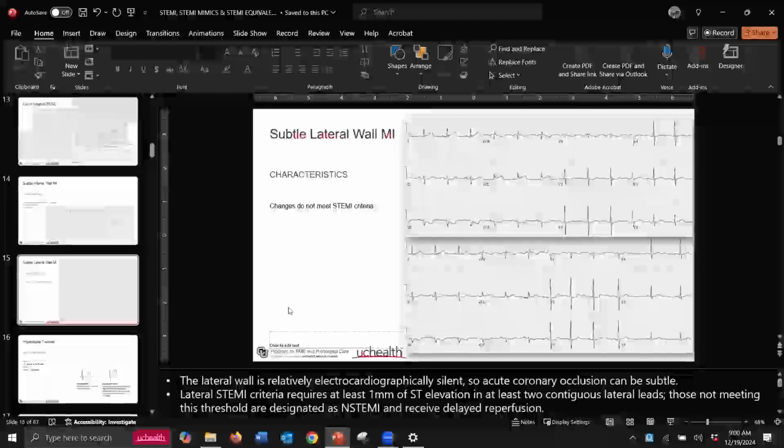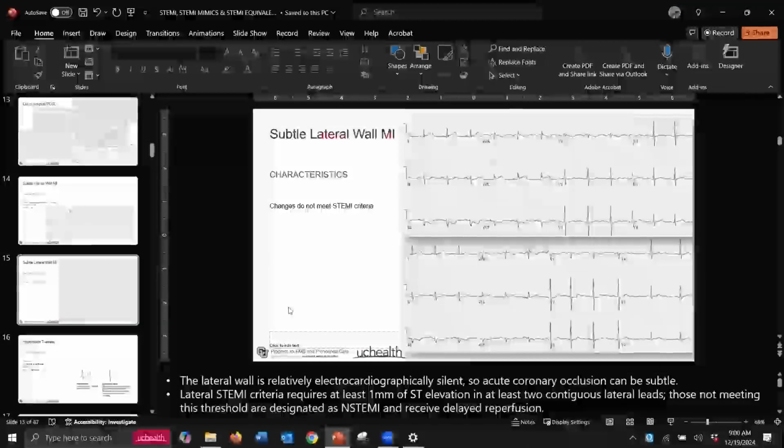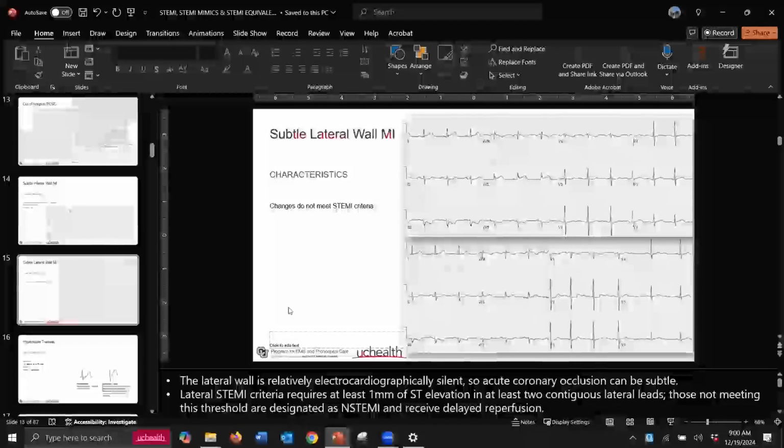Well, if we think about where that occlusion is, more specifically a high lateral, or that isolated lead 1 and AVL elevation, which is probably fairly subtle. Think about where that's occurring.